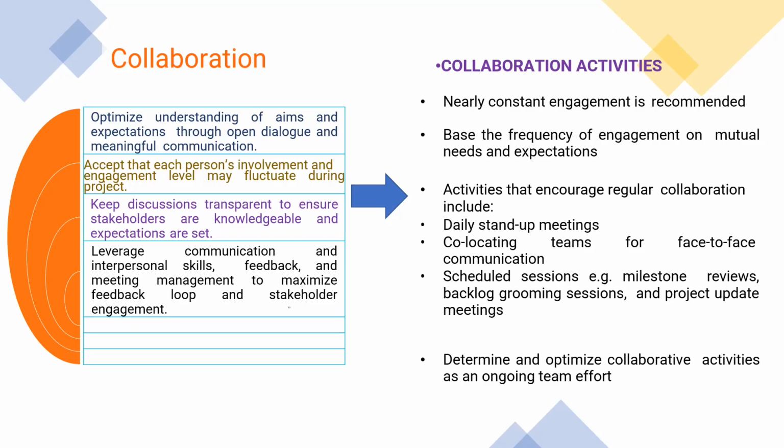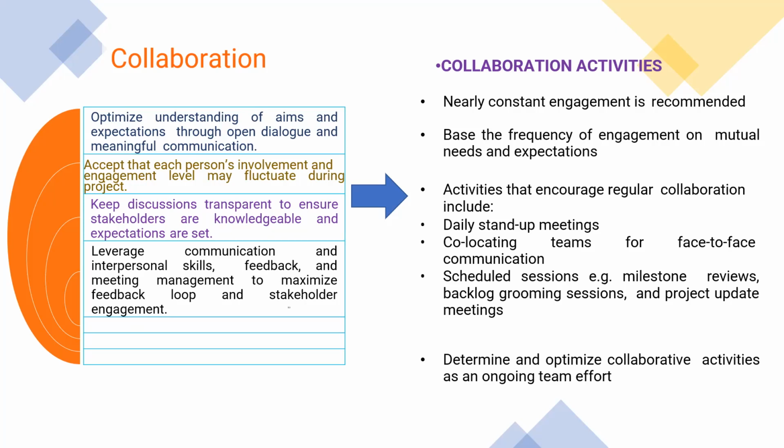Today I might be with you for 7 hours. 5 years down the line, I may not want to be with you for even 30 minutes because I may be on a different project and that is completely affecting my time. Does that make sense? So accept that every person's involvement and engagement level may fluctuate during the project.